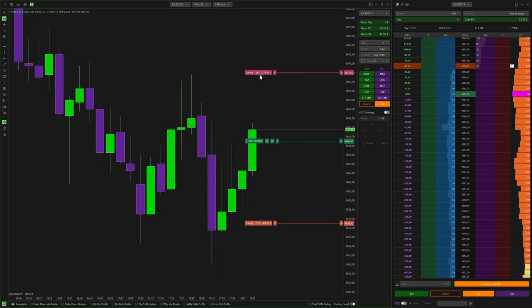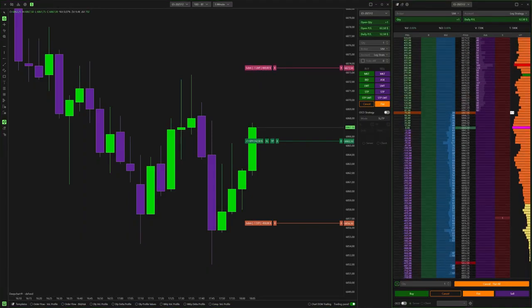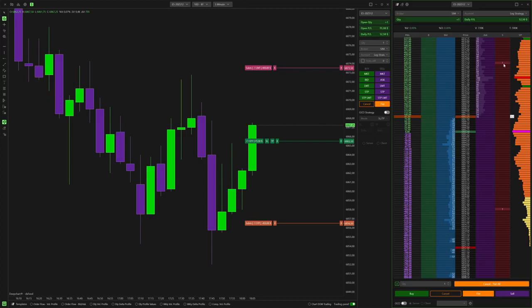So take profits for buy positions are sell limit orders. And if you go inside here, you will see you have a sell limit right over here and a sell stop right over here, because limits are typically for sells above price and sell stops are below price, right?